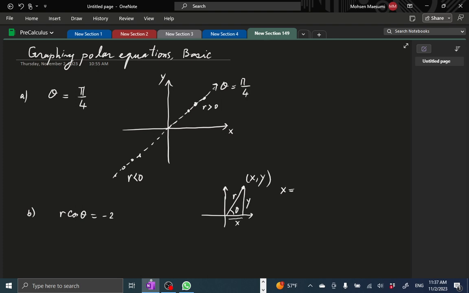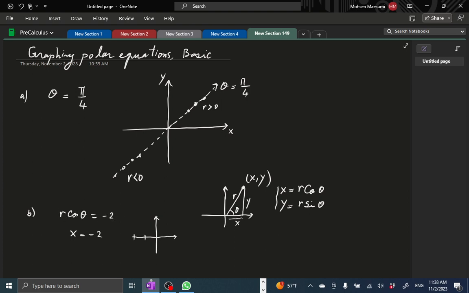And x was r cosine of theta, and y was r sine of theta. So when you see r cosine, you can think about it in terms of x, if that's easier for us. So r cosine of theta equal to minus 2 is like x equal to minus 2, which is a lot easier to digest in Cartesian as opposed to this equation in polar.